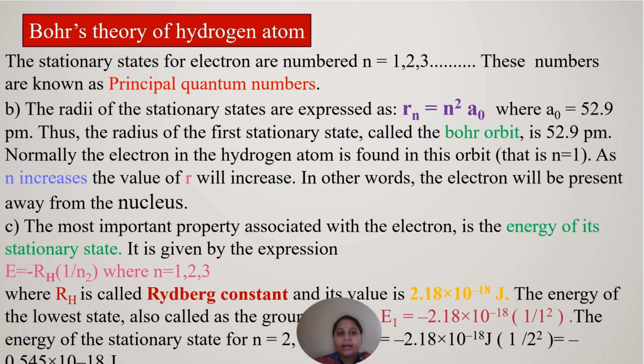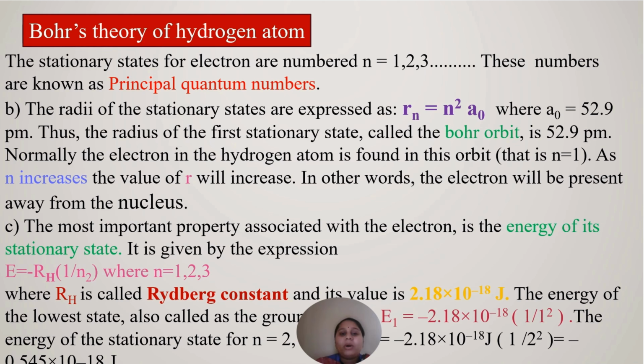If the principal quantum number increases, obviously the radius also increases, because as the number of shells increases, the radius is bigger. So if the n value is more, the electron starts moving away from the nucleus.